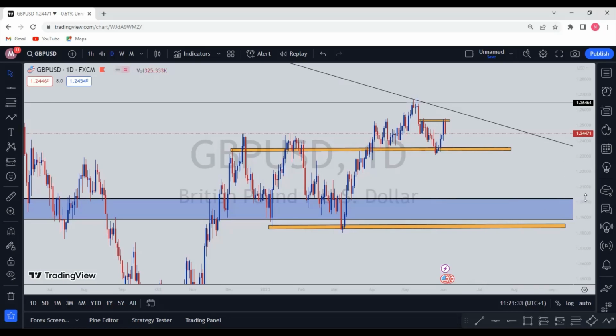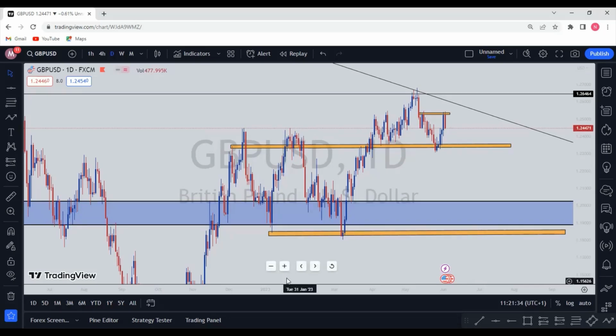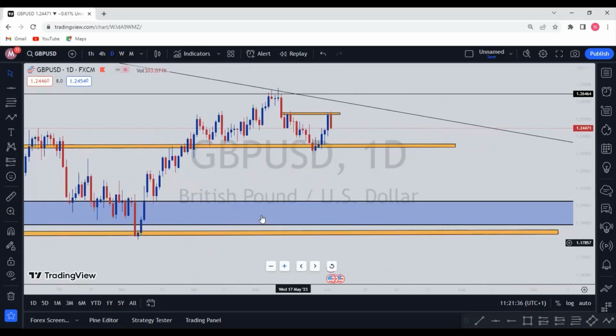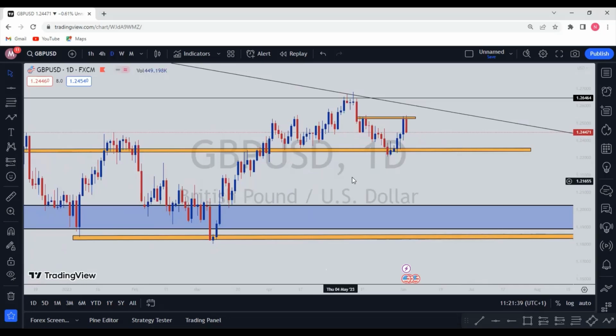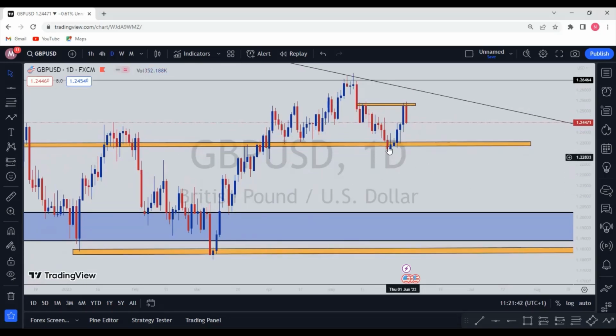But for this one, I saw that it actually failed and went back up. So once it is sustained above this, if it can't break this, we are going to come and test this level.